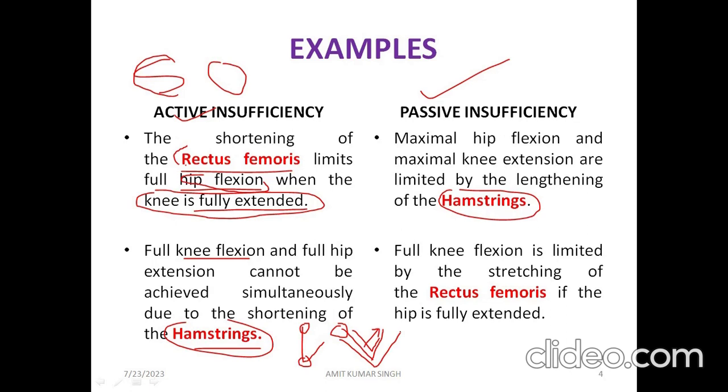You will be unable to stretch the rectus femoris completely if you have done the hip extension and then try to do the knee flexion. That is the reason when you try to stretch the rectus femoris, the hip should be in neutral, and then you do the knee flexion, and you will get the stretch on the quadriceps muscle.